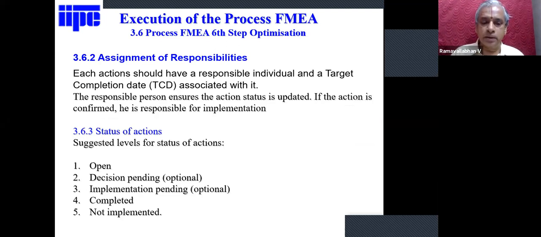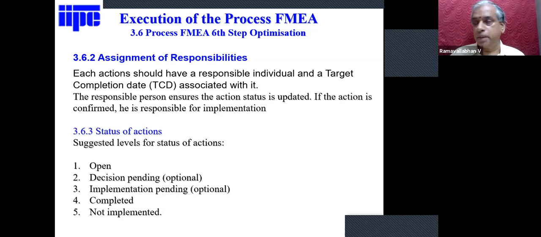Once you do that work, you have a status of action. You have to have a clear-cut status saying that this project is open, or decision pending. That is, the project is over, but we have not come to a conclusion, probably we may require more data, so the decision is pending.